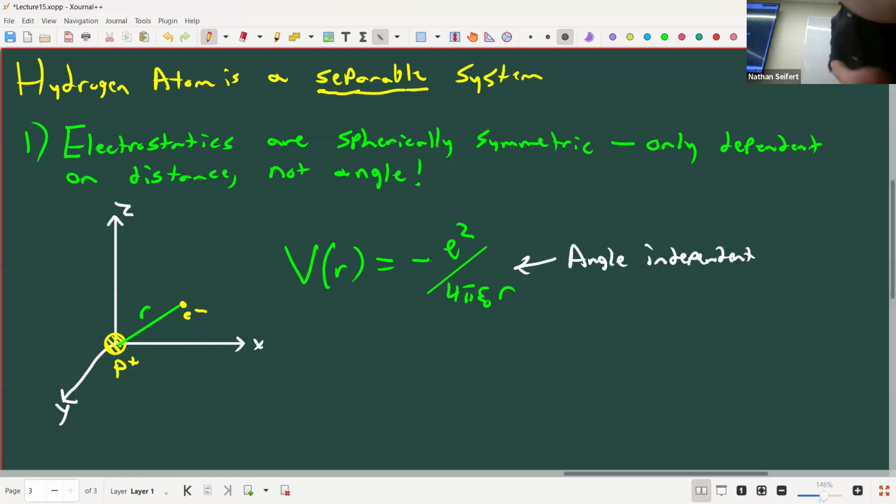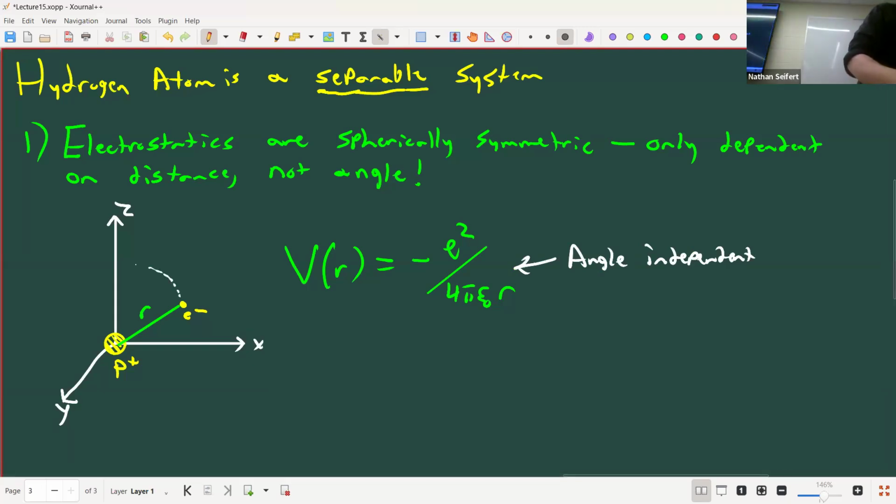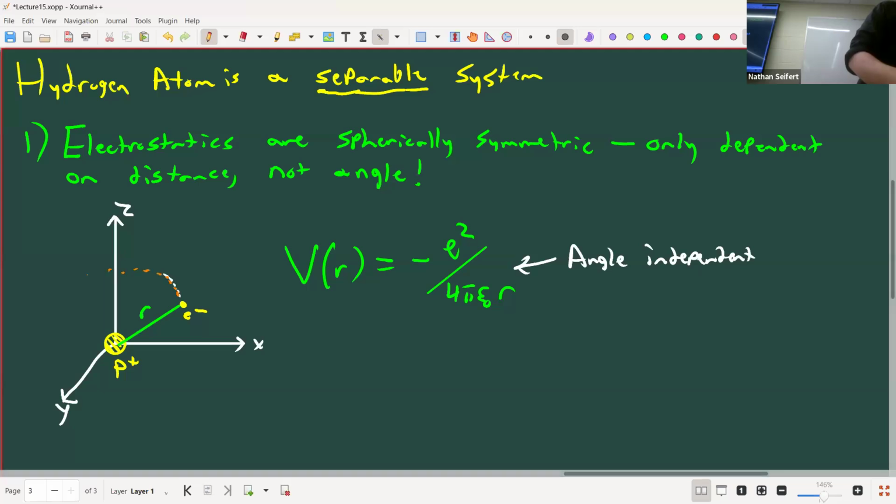So if we ask the question, what does the surface look like of all the points the electron can sit at where it has the same potential energy? It's a sphere of radius r. Well, I can kind of draw that, if you will. See how well I can draw this.